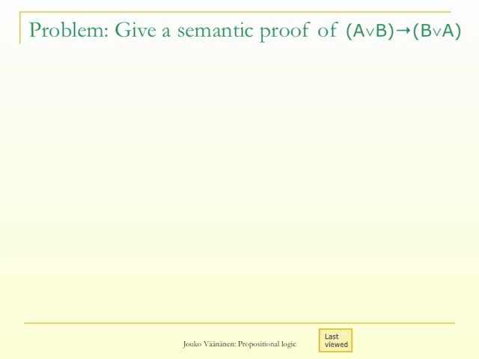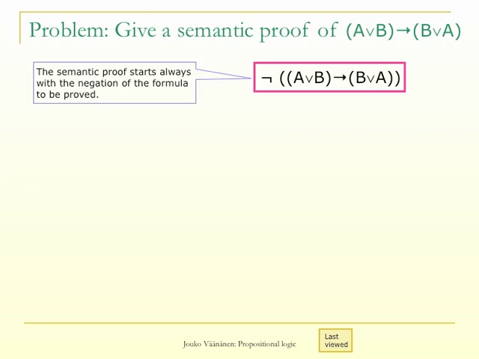We give a semantic proof of (A ∨ B) → (B ∨ A). This is a kind of symmetry law of disjunction. We start with the negation of the formula to be proved.